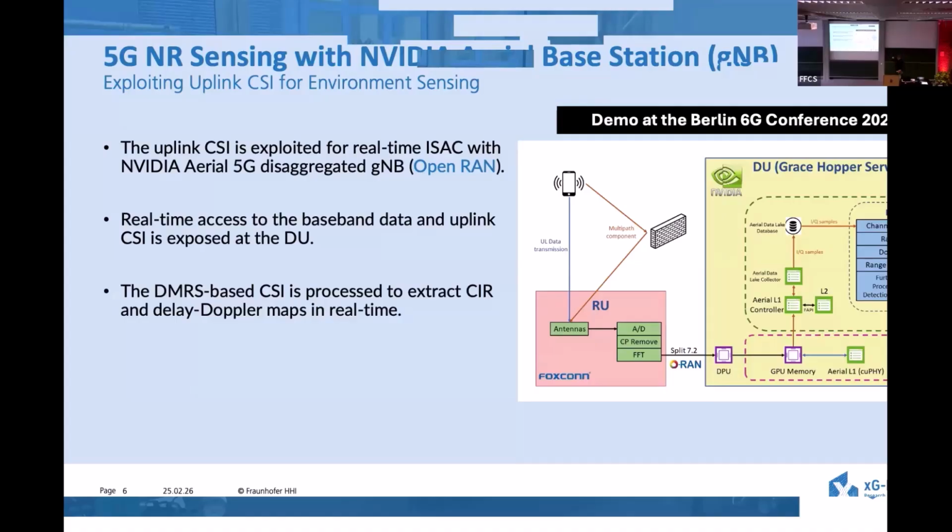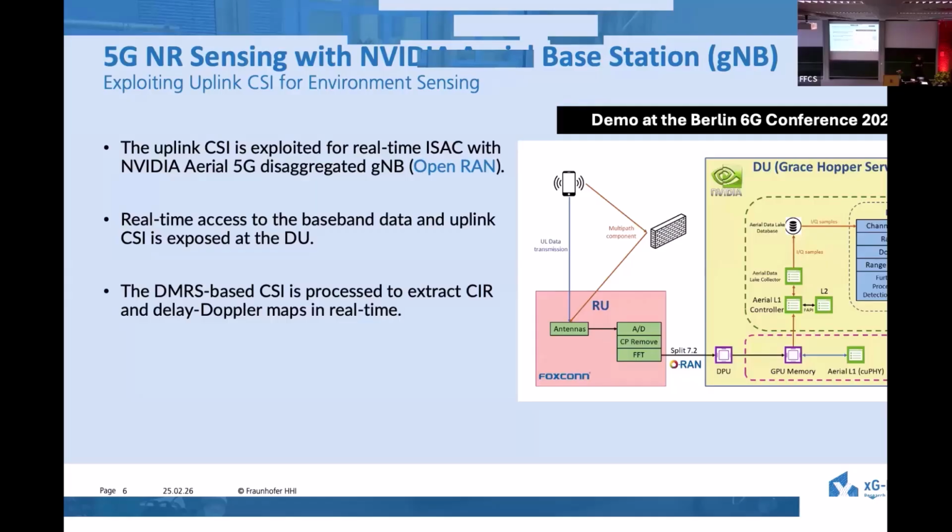So basically, for example, in the uplink, you use pilot signals and channel state information to do sensing on top of communication, right? Here we have NVIDIA Aerial 5G, which is basically a hardware accelerator using GPUs to use channel state information to extract information that is relevant for sensing.